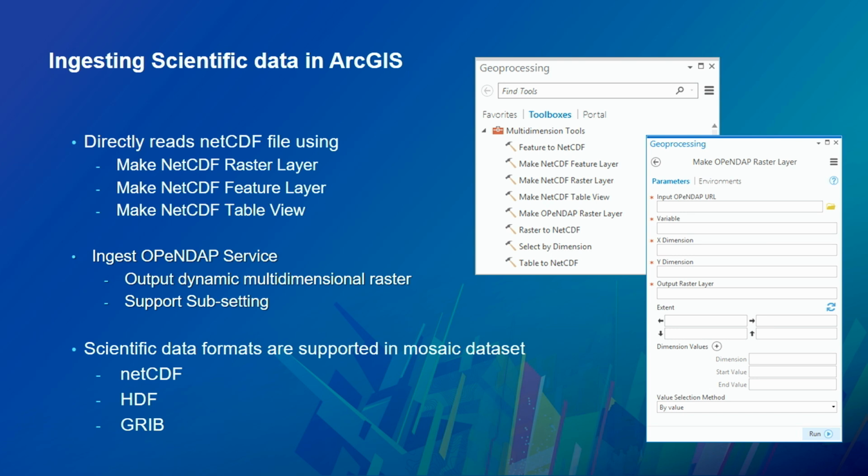We keep pointing out that we directly read. That means when you are reading this netCDF, GRIB or HDF, there is no conversion going on. We can also ingest OpenDAP services, and some organizations serve OpenDAP data or rely on OpenDAP data services.